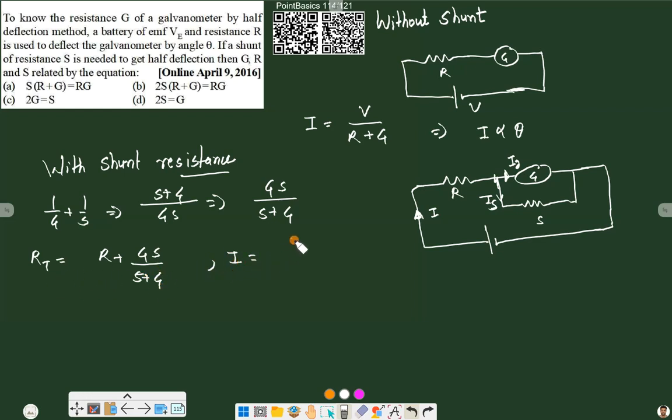Current in the circuit will be V divided by the total resistance, that is R plus GS by S plus G. This is the total current in the circuit.